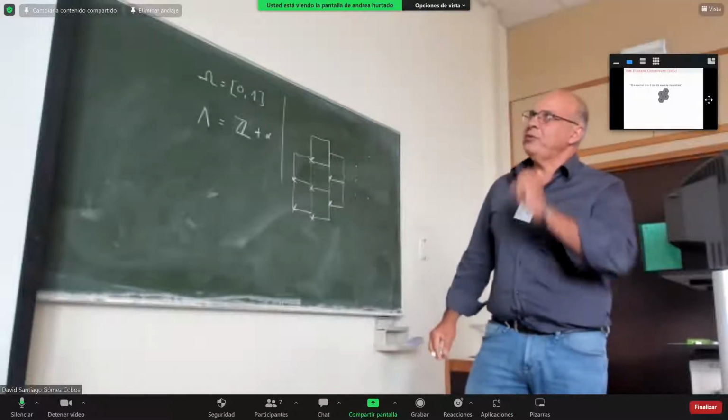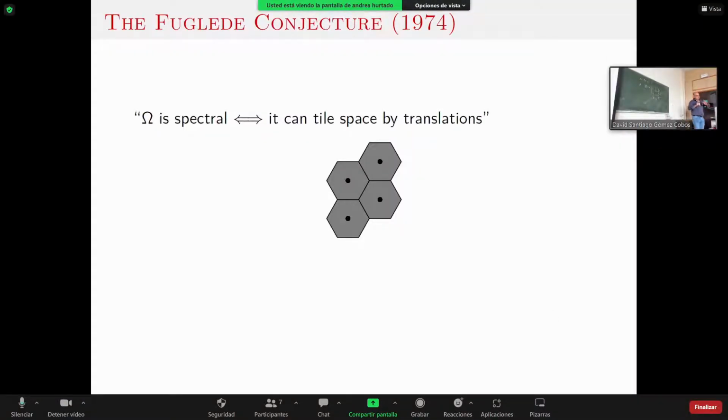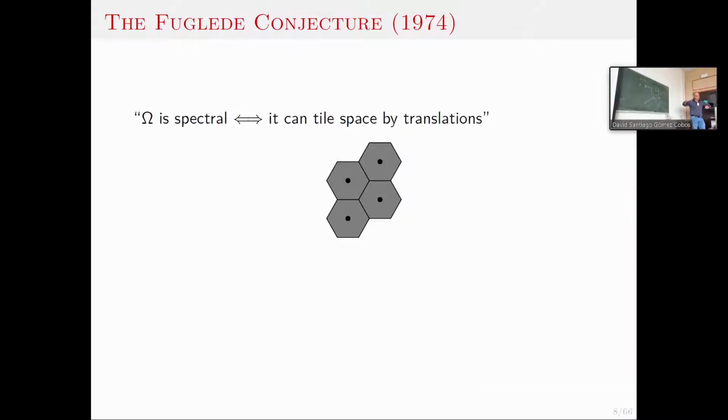Okay, so let's come to the main conjecture now, which dates back to 1974, which has been driving research in this field for a long time. So the conjecture is this. It was made by Fuglede in 1974 and says that omega is spectral, meaning I can find a spectrum for omega, if and only if omega can tile the space by translation.